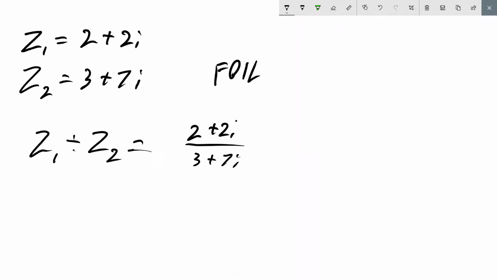So what we do is we use the conjugate. So the conjugate of 3 plus 7i is going to be 3 minus 7i, and then 3 minus 7i on the top as well, and now this is just 1, so this doesn't affect anything. I have a video all about conjugates.